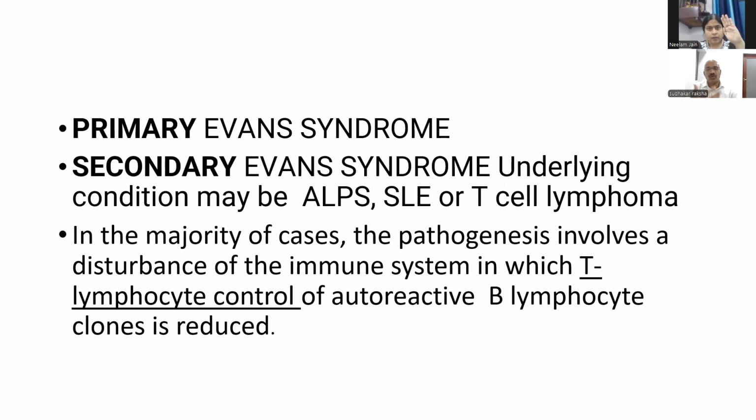Antibodies towards the own antigens, that is autoantibody. The body will synthesize antibodies towards the self antigens in all these autoimmune disorders. These antibodies can react against the red cells and against the own platelets. So Evans syndrome will manifest secondary to these autoimmune disorders, SLE, autoimmune lymphoproliferative disorder, or T-cell lymphomas.